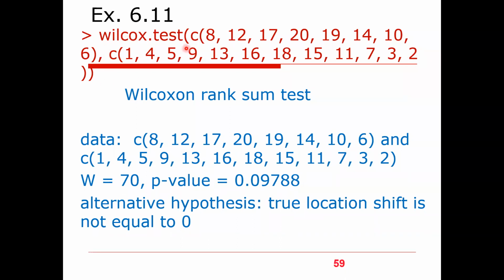Then run the Wilcox test. It will give us, this is the UM, right? And then this is the p-value. So the p-value is just above 0.05, so it's not strong evidence against the null.